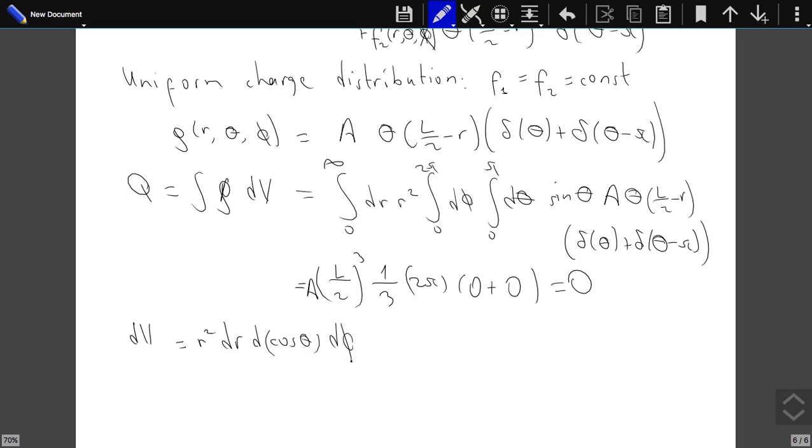I made a mistake somewhere. The Dirac delta, as I remember, for spherical coordinates is different.